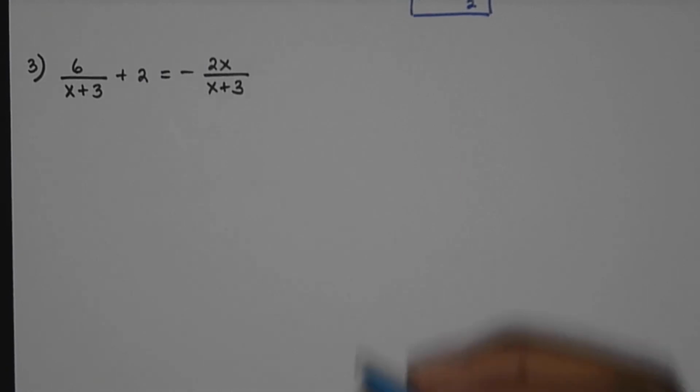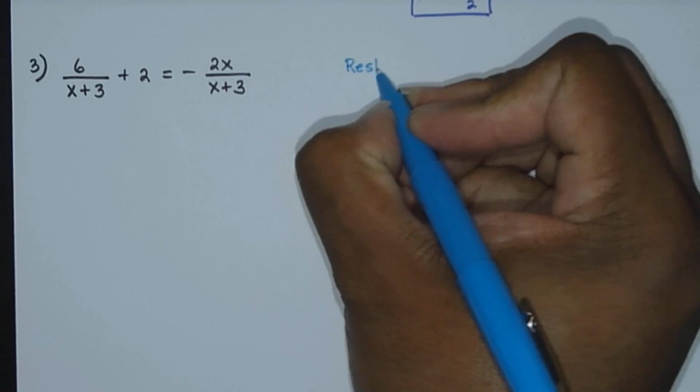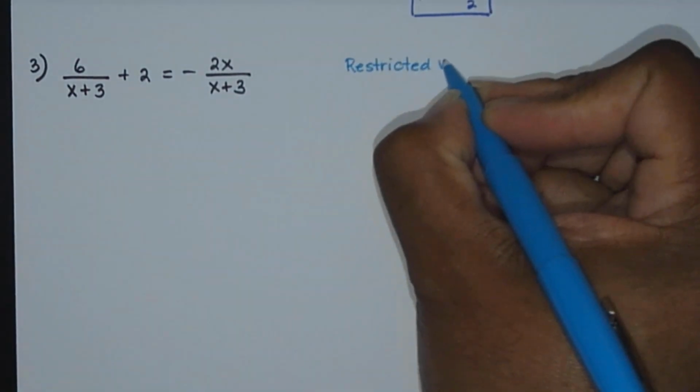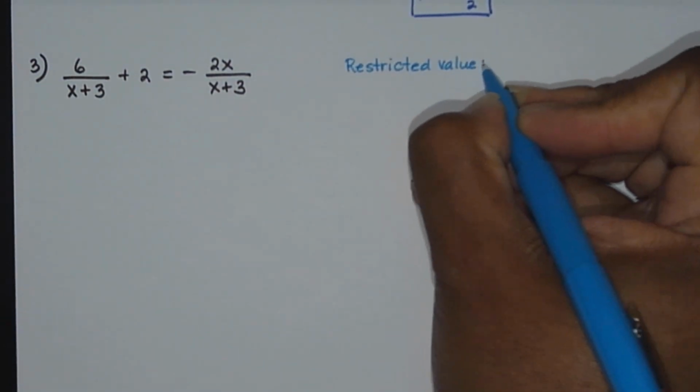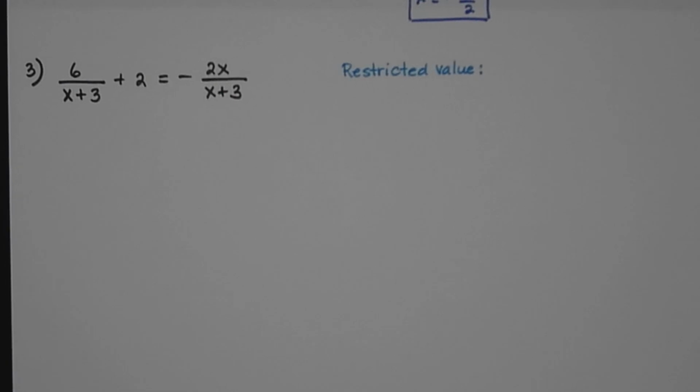And then, keeping the restricted value in mind, you'll solve the equation. So the first thing we need to do here is get the restricted value. Now the only term that's in the denominator is your x plus 3.